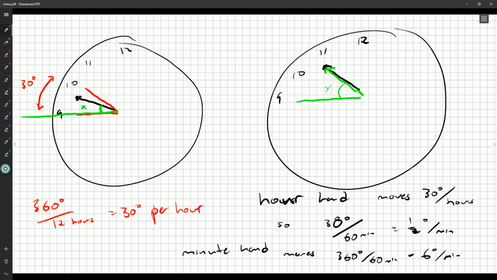Okay. So wherever the minute hand is at y, measuring from the total, is 270 plus y. So the minute hand.